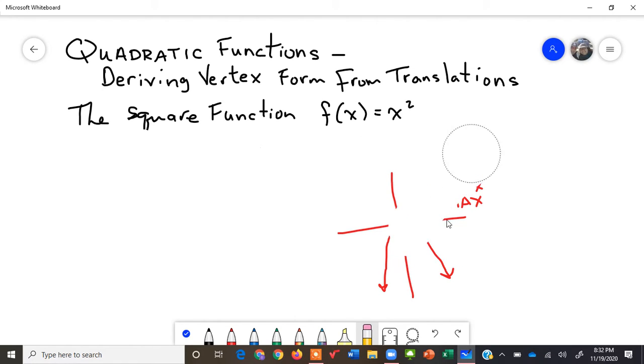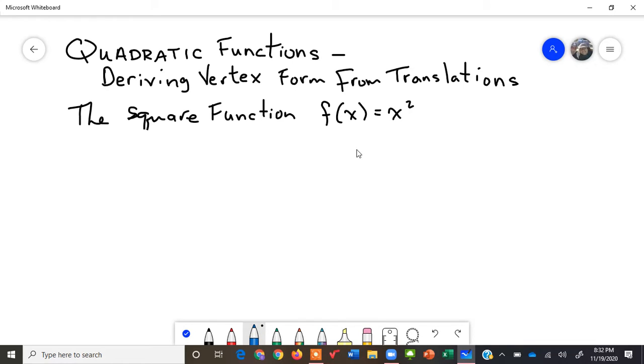I'm also going to make it fatter, meaning it increases at a slower rate, and to do that I can multiply it by a fraction less than 1. And I want to turn it upside down, so that would make it negative.